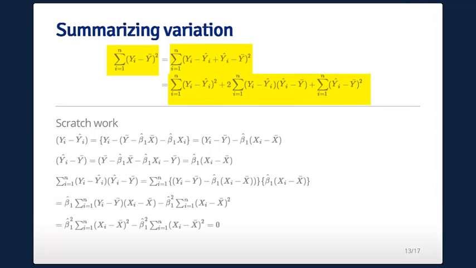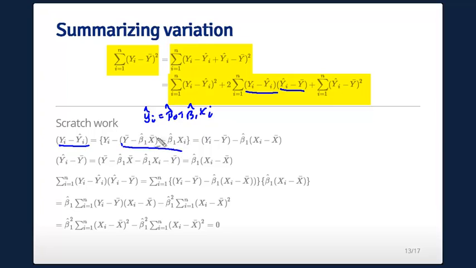But then let's take this term right here, yi minus yi hat, and this term right here, and look at them really quickly. First of all, let's remind ourselves that yi hat is beta naught hat plus beta 1 hat xi, and that's what we're plugging in right here.